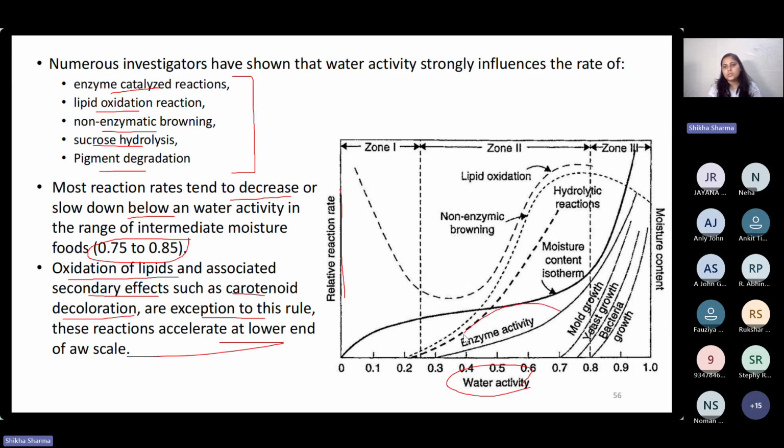Enzymatic reaction activity is happening even at low water activity.